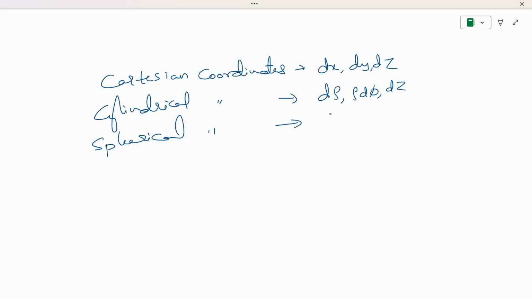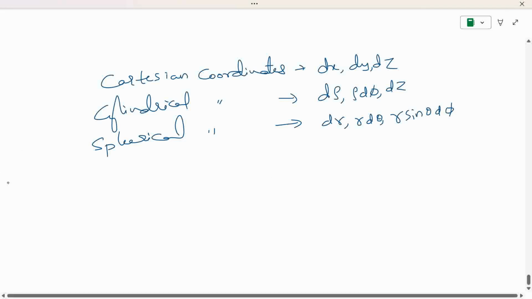For the differential length increase we have in the radial direction dr, along the polar direction r d theta, and in the azimuthal direction r sin theta d phi. So when we are differentiating, we have to calculate the change for these only.